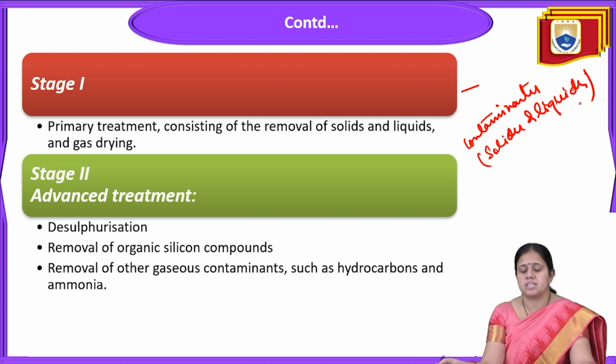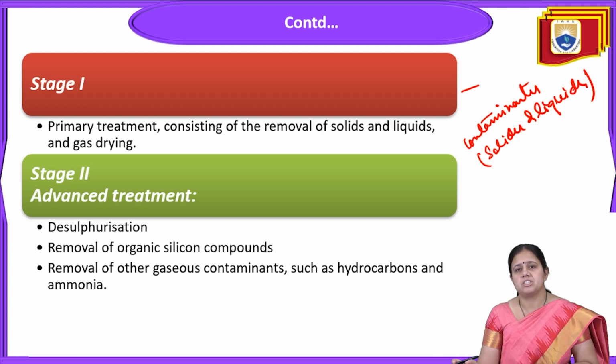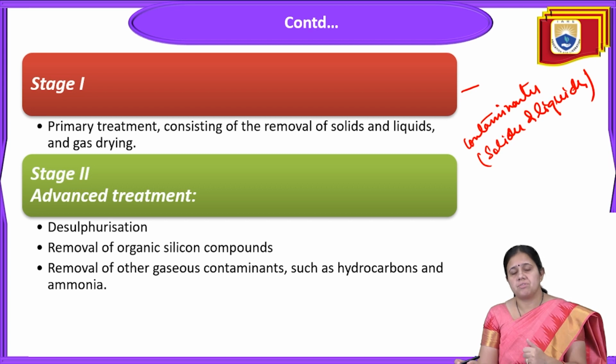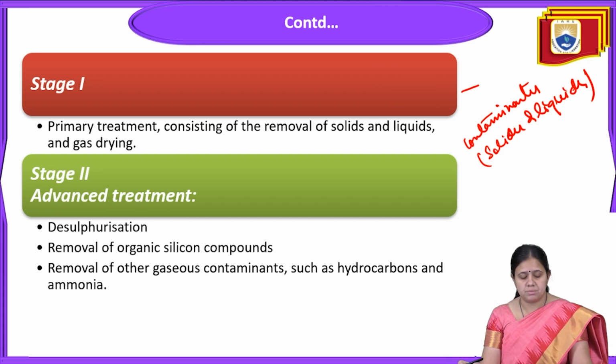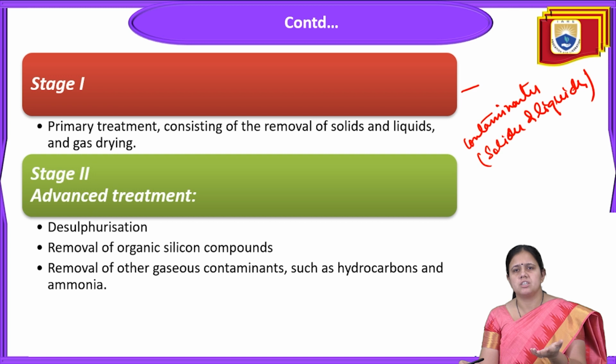Stage 2 is called advanced treatment. In this treatment, it involves desulfurization, meaning removal of sulfur, removal of organic silicon compounds, that is siloxane, and removal of other gaseous contaminants like hydrocarbons and ammonia. So stage 1, the primary treatment, requires only some initial treatment: removal of some solids or liquids and drying of the gas.